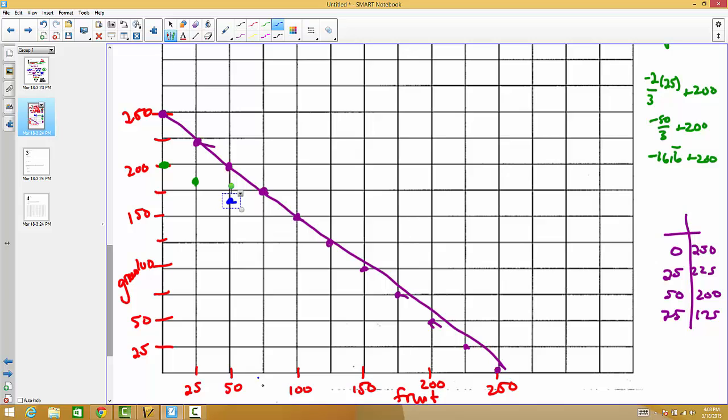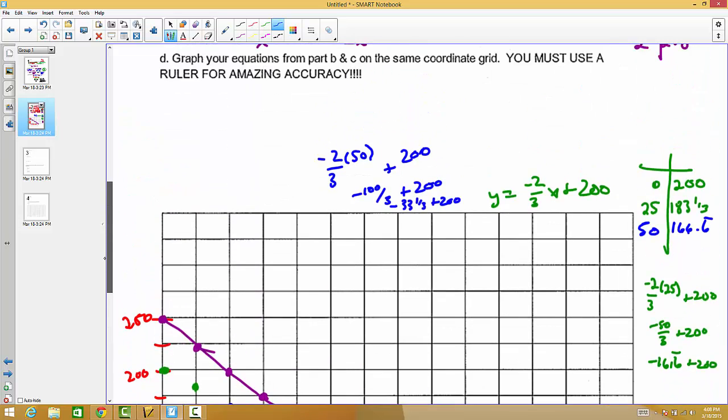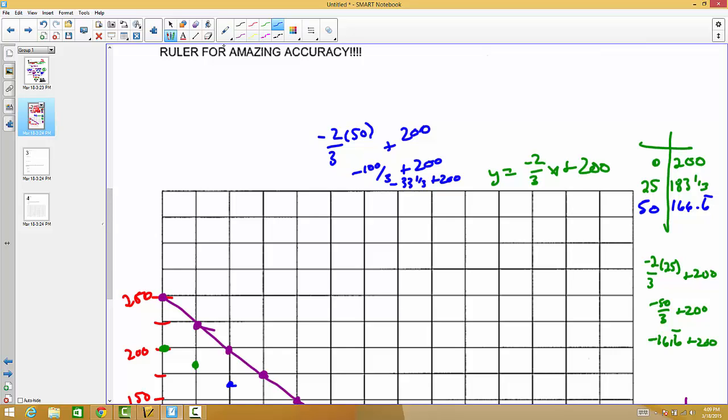Okay, let's try 75. So we're plugging 75 in for that x. So negative 2/3 times 75 plus 200. So 2 times 75 is 150, and 150 divided by 3 is 50.